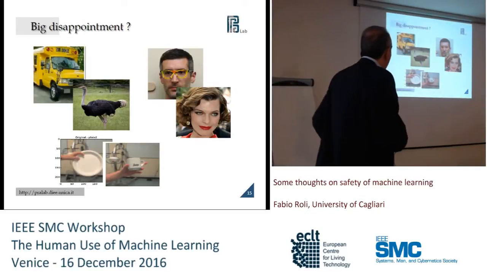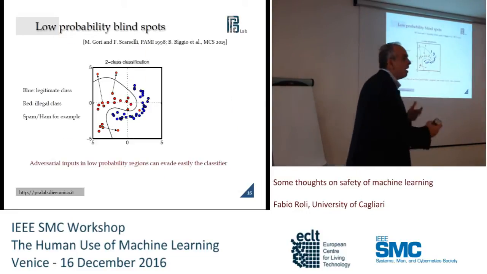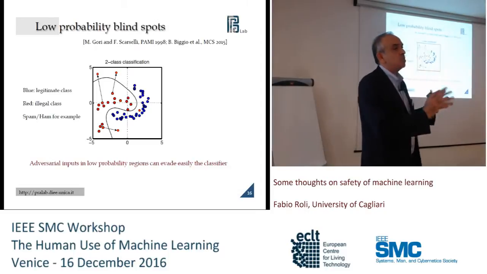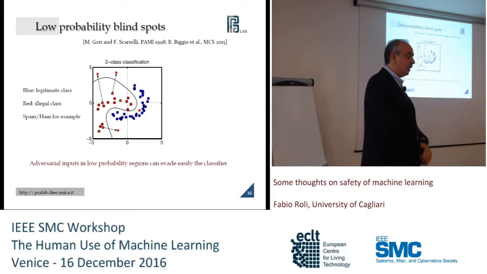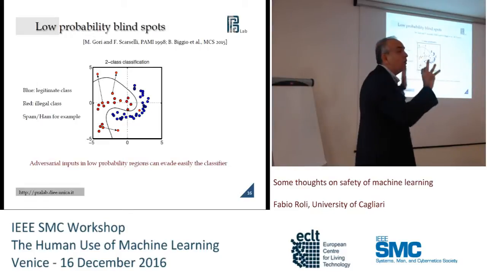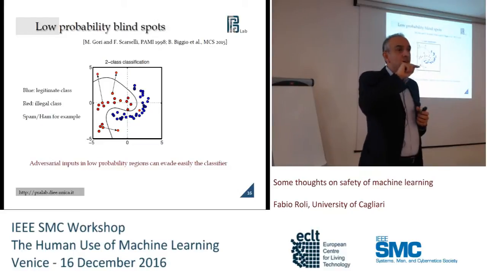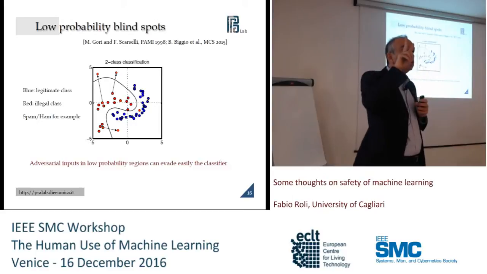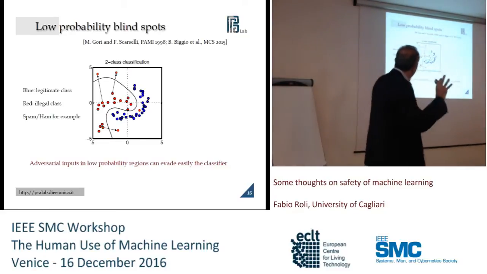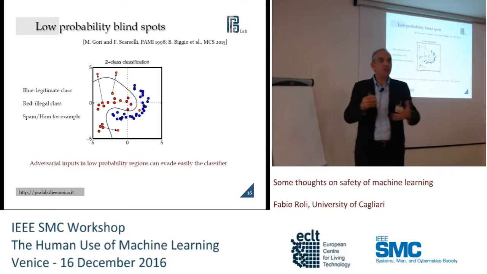Well, my personal view is that, yes, it's a problem, it's an issue, but there is nothing completely new under the sun. This is a problem that you can explain going back to the fundamentals of statistical decision theory. Of course, this is a very simplified view. Imagine that you have a two-dimensional feature space, so it means that you have only two deep features to characterize your patterns, your samples. And now I'm considering just two classes, that is quite common in security applications, the bad class and the good class.